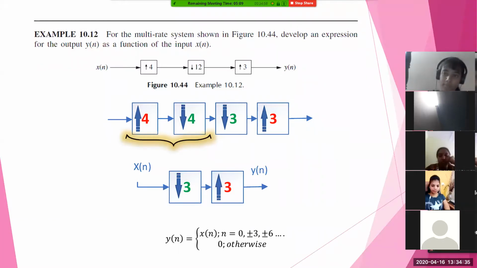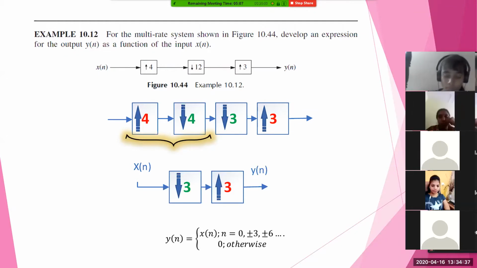As I told you earlier, they cancel each other directly. You can simply remove those. But after that, what's happening? I have a downsampler followed by an upsampler, so you can't really cancel them out directly.